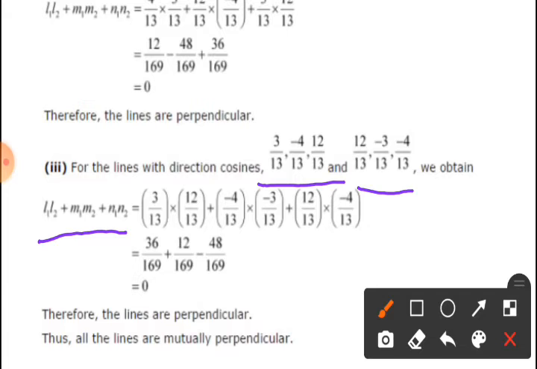Then we have 36 by 169 plus 12 by 169 minus 48 by 169. After simplifying, we get 0. Therefore, the lines are perpendicular. Thus, all the lines are mutually perpendicular.